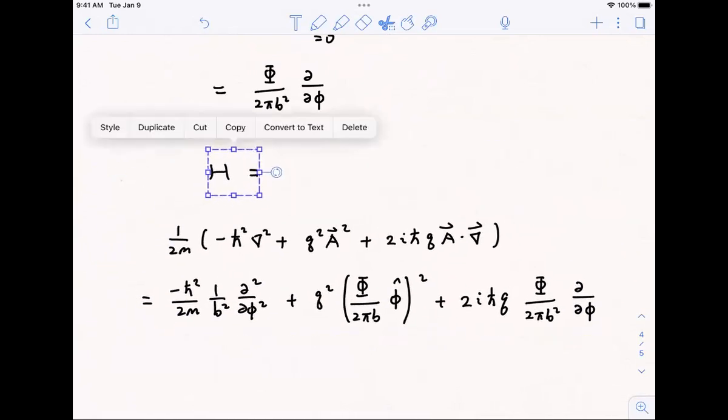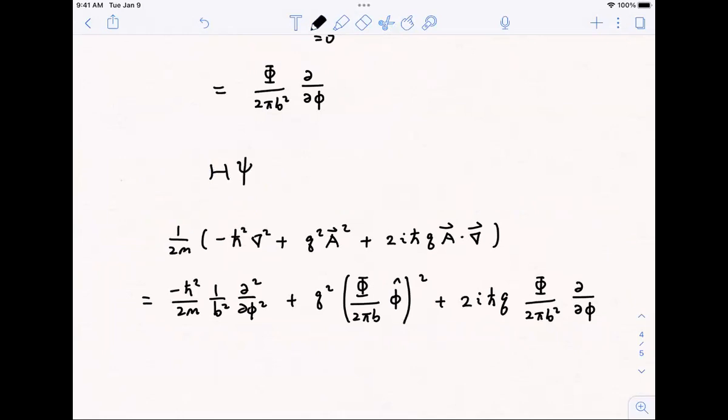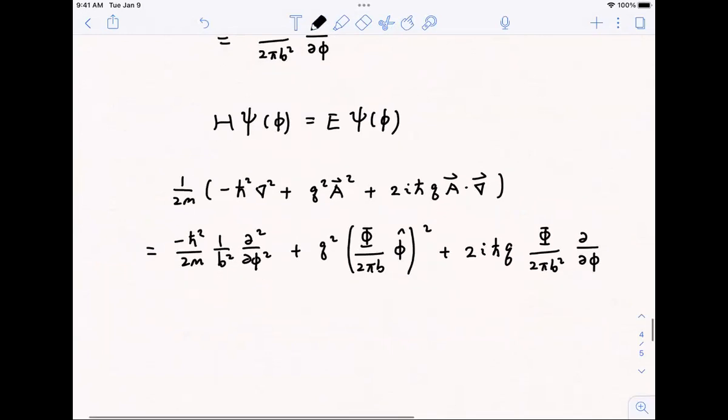Okay, so let's write it out. The wave function. Let me use this wave function equal to E. Okay.